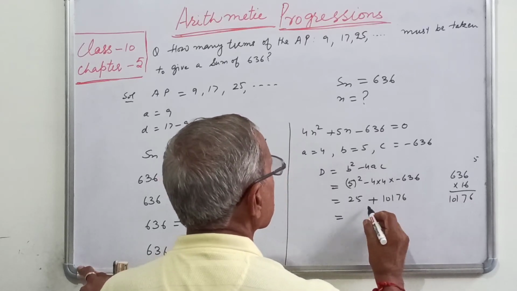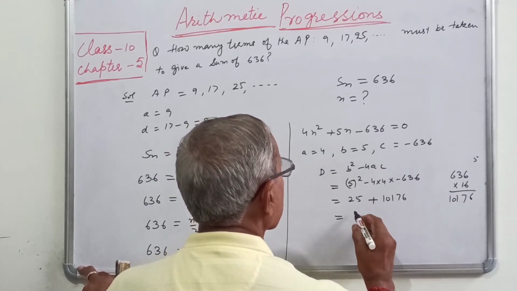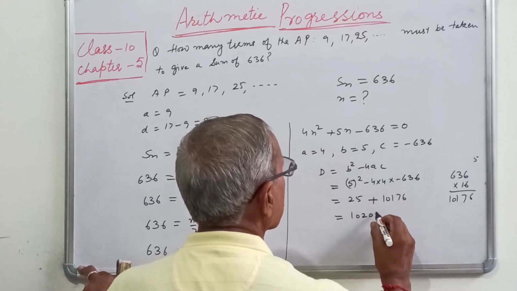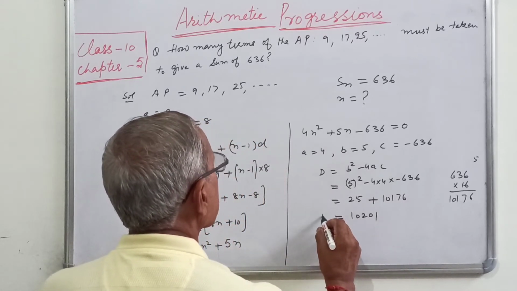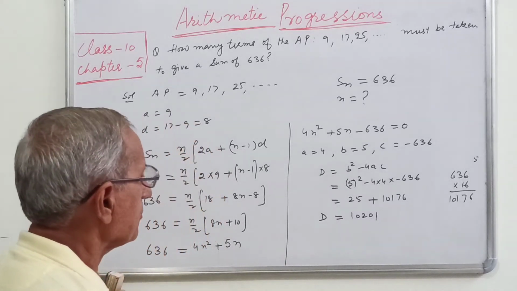So D here is ऐड करें तो 10201. So this is D, discriminant.